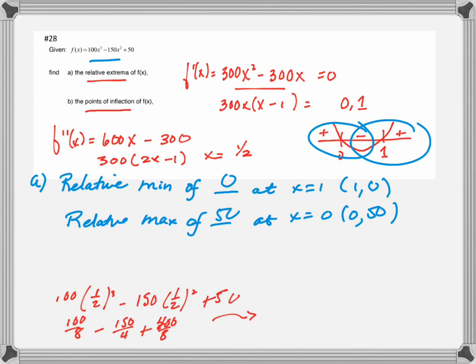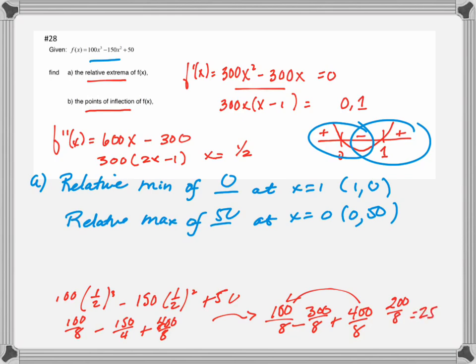So, 100 over 8 minus 300 over 8 plus 400 over 8 gives you, let's see, 100 plus 400 is 500 minus 300, so you get 200 over 8, which is 25.